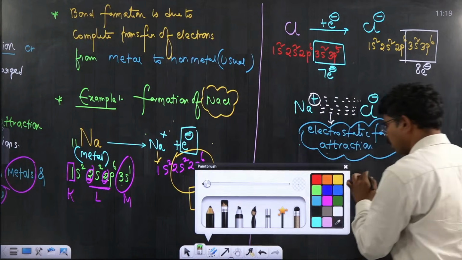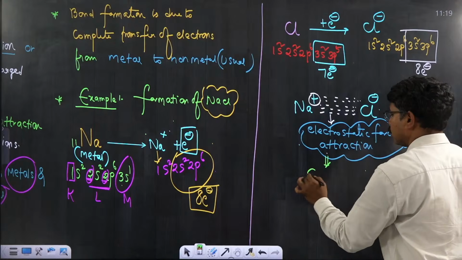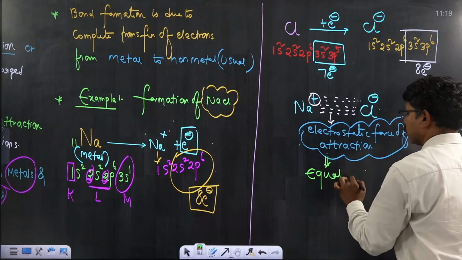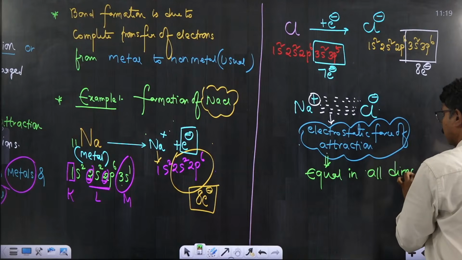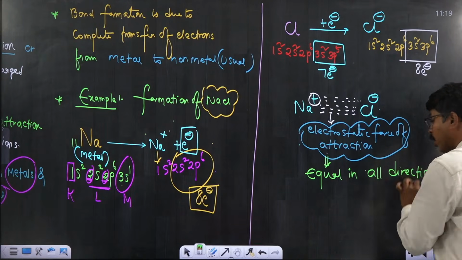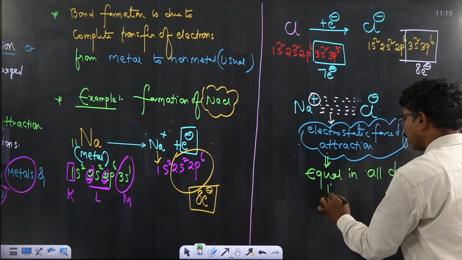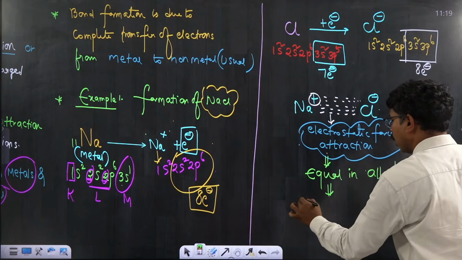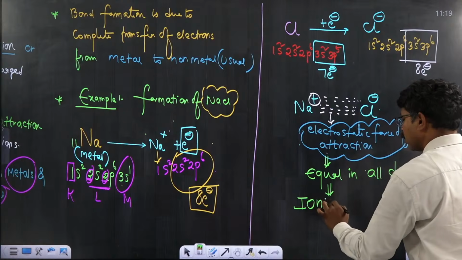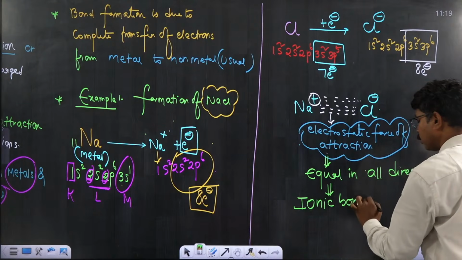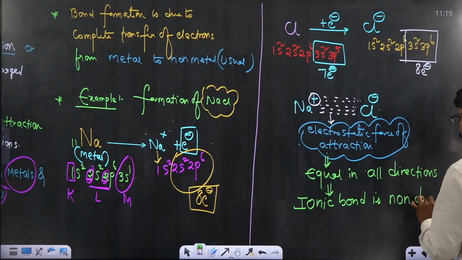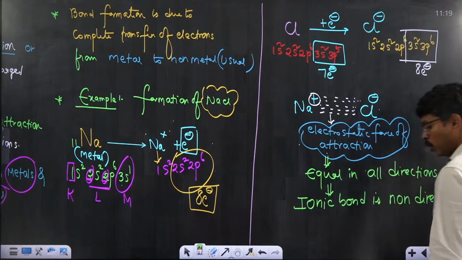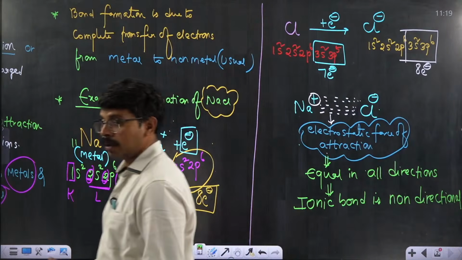Am I right? Equal in all directions. Hence, I want to conclude that ionic bond is non-directional. You cannot specify the direction in a proper way.